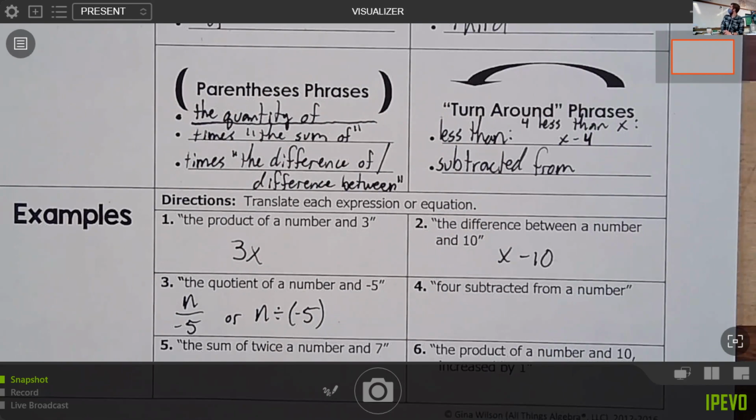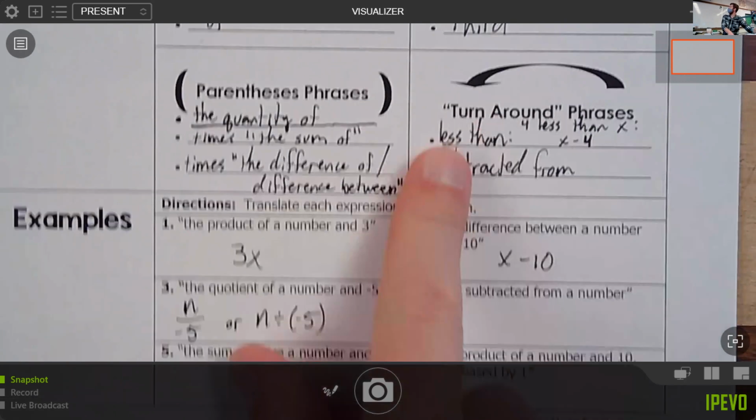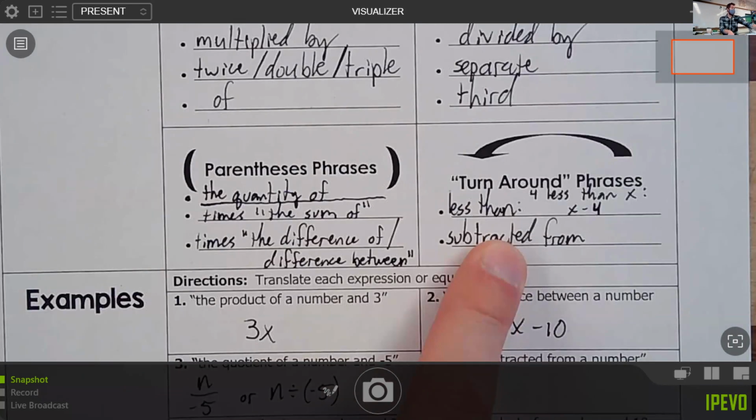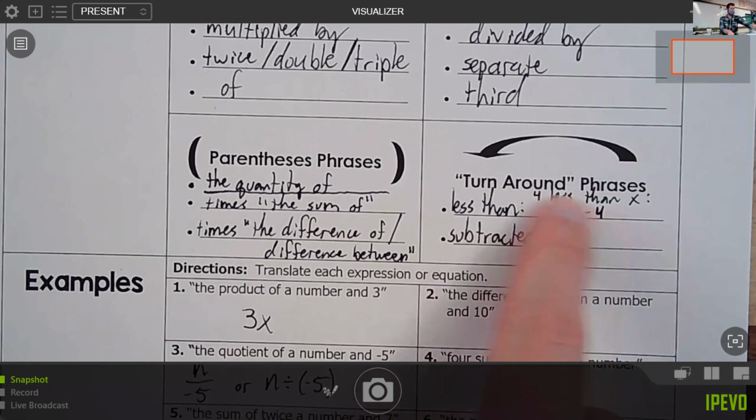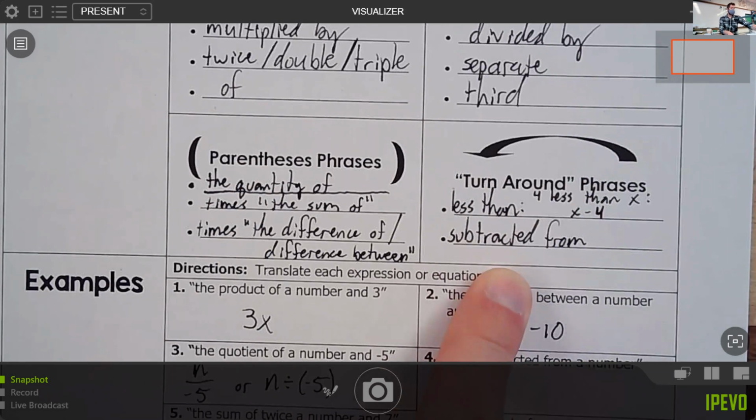Okay. Next one, 4 subtracted from a number. So what operation are we using? Subtraction. Is this a turnaround phrase? Yeah. Notice that both of our turnaround phrases are with subtraction. So the only time you're going to do this specific thing is with subtraction.